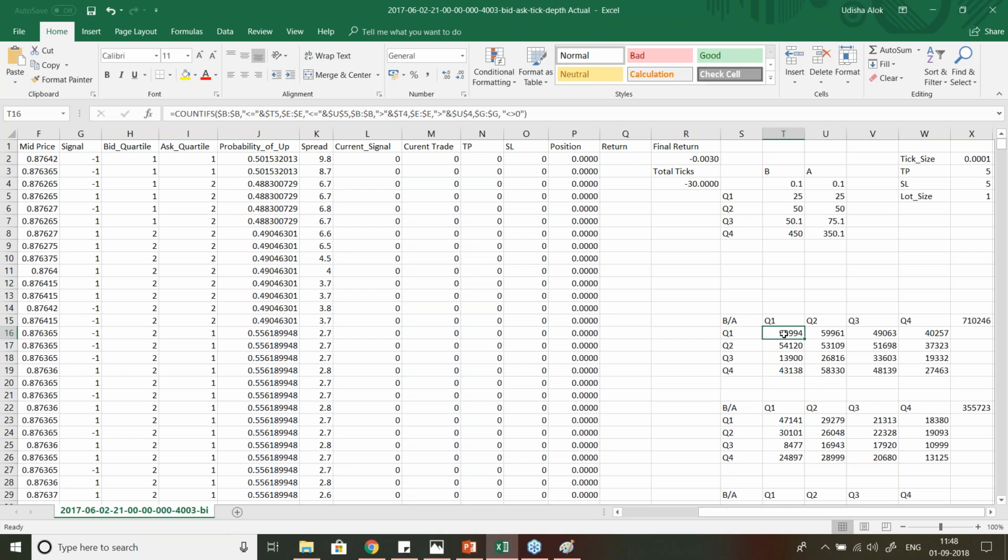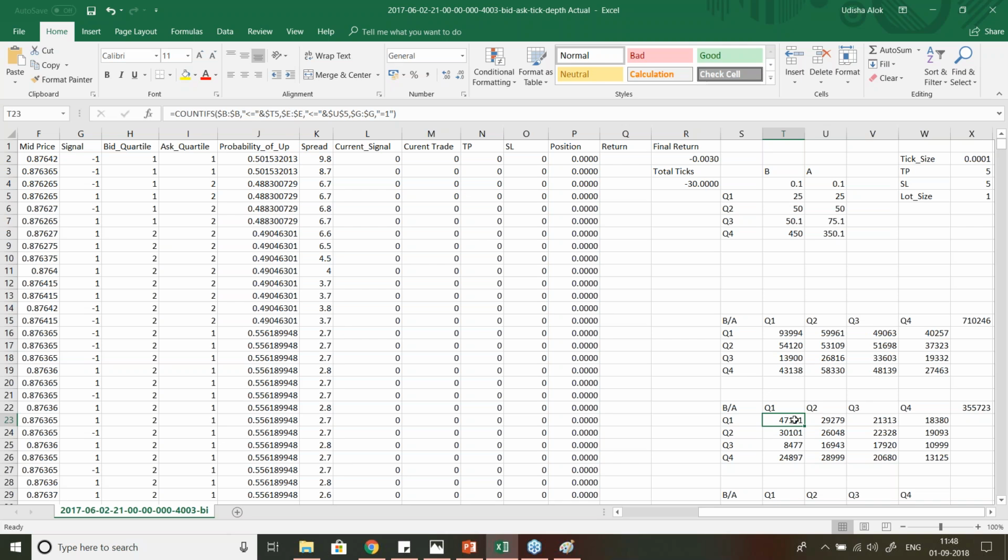Here you see the criteria has just changed by adding the signal column to it, that is, the signal should be 1. So I'm counting all the instances where bid and ask are in a particular quartile and the market has moved up. In essence, about 50,000 times when the bid and ask are in Q1, the market has gone up, and the total number of observations of bid and ask being in Q1 is 200,000.